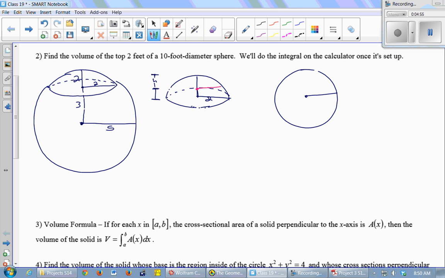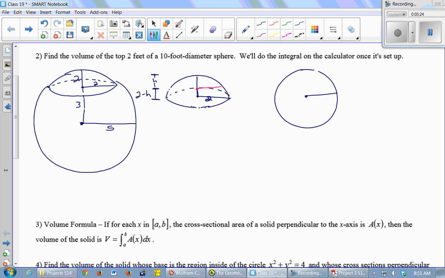Yes, 2 minus h. No, the radius is not necessarily 2. Right, okay, sorry. This radius is not necessarily 2. The height there is 2. The radius is not necessarily 2.